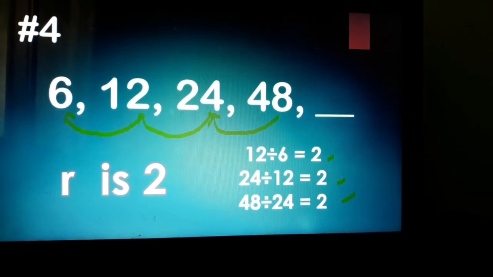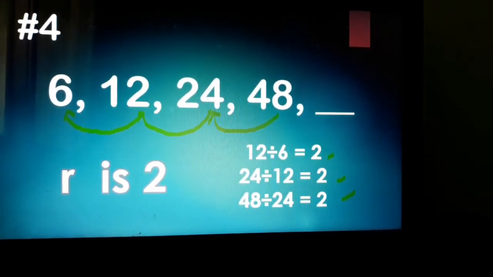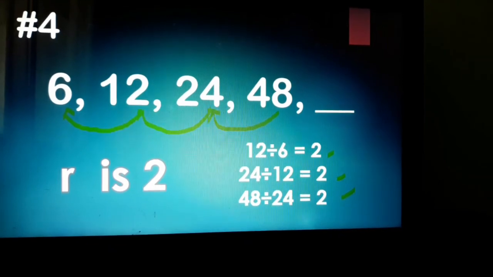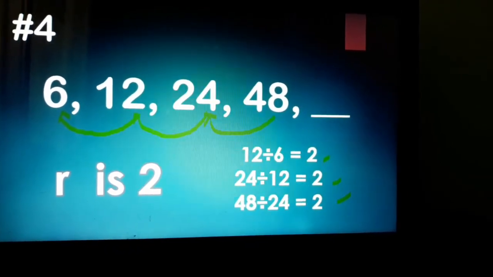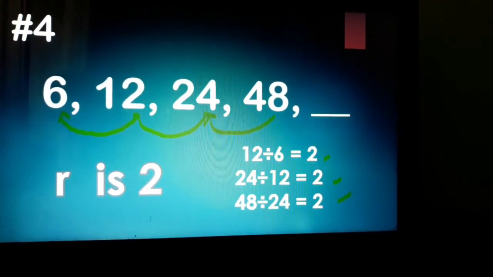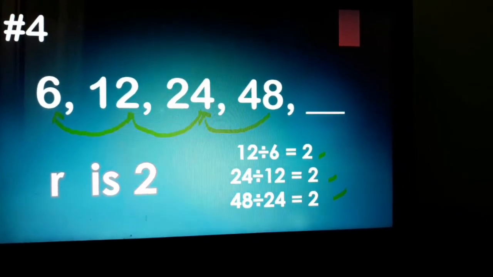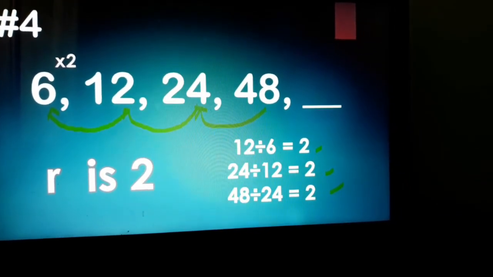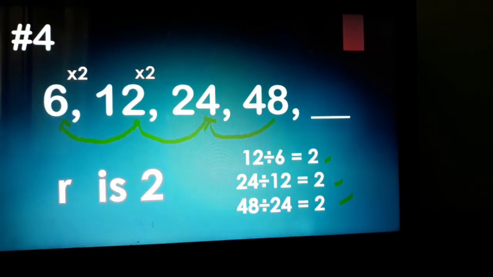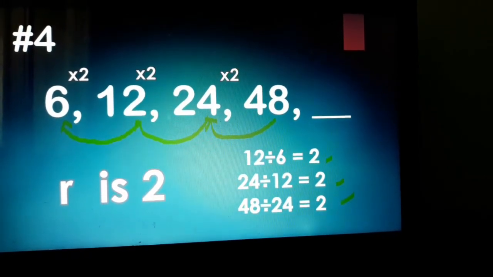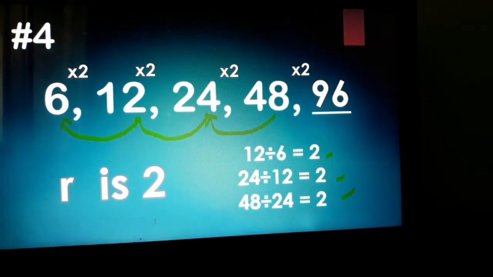Kasi pareho lang naman lahat yan ay positive numbers. Okay? So, let's find out the term after 48. So, 6 times 2, 12. 12 times 2, 24. 24 times 2 ay 48. 48 times 2 ay 96.